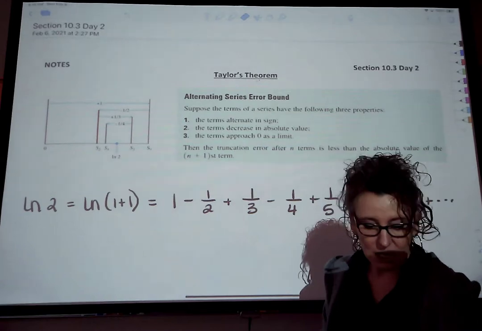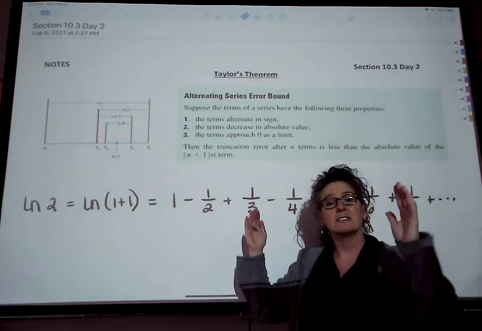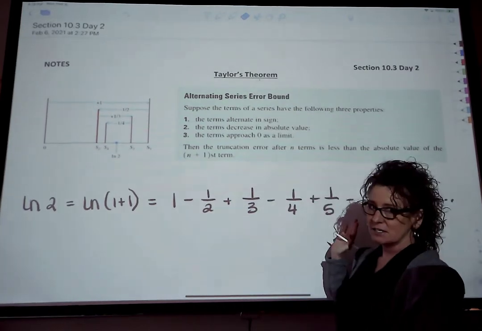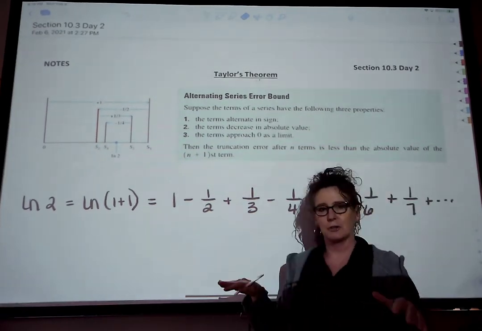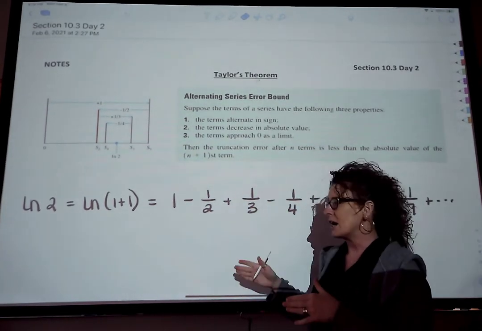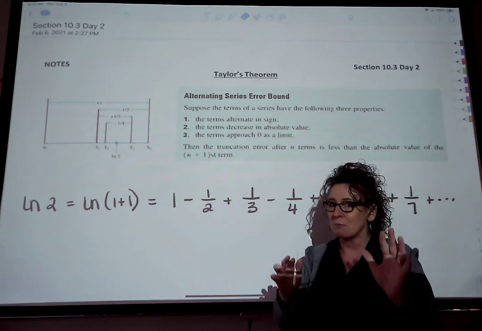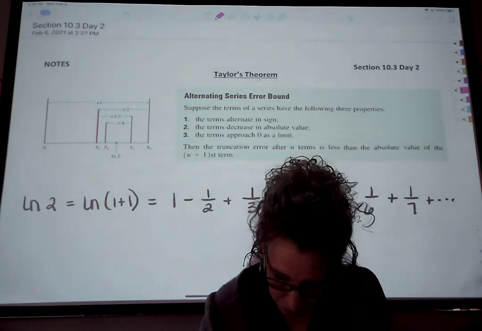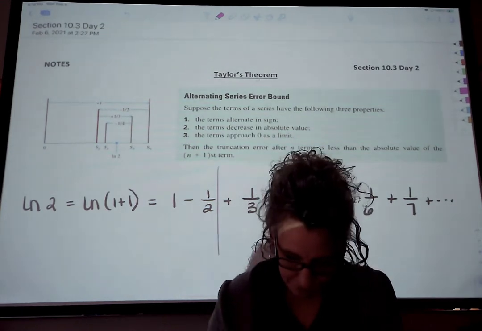Okay, so let's stop it somewhere. Let's cut off our series and turn it into just a straight up polynomial. I want to cut it off kind of early so that I'm dealing with numbers that make sense to you. So what happens if I cut off the polynomial here?